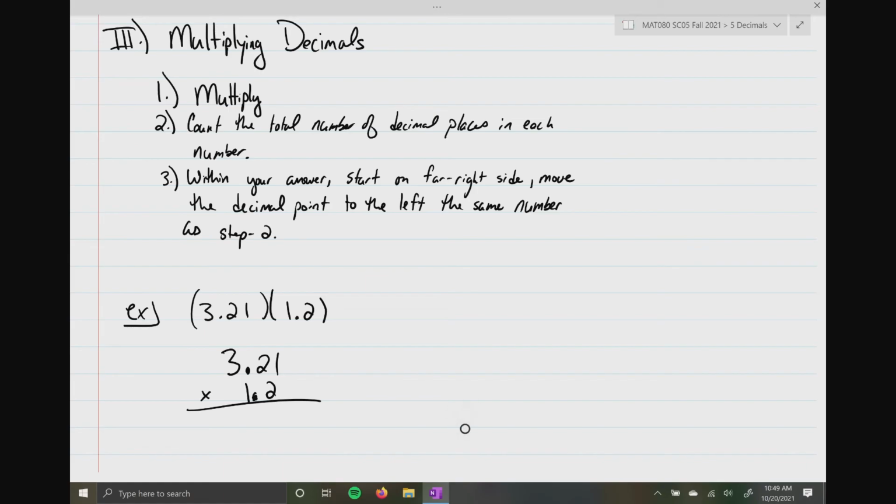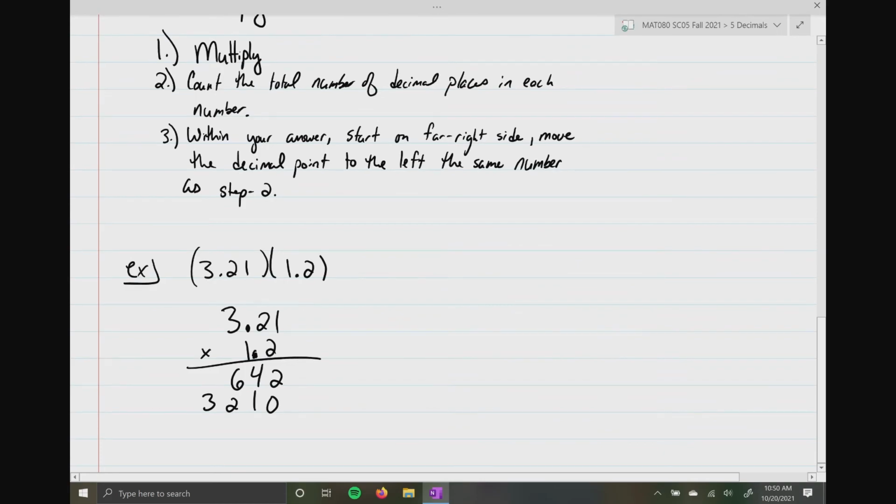So 2 times 1 is 2, 2 times 2 is 4, 2 times 3 is 6. Now I drop down a 0. 1 times 1 is 1. 1 times 2 is 2. 1 times 3 is 3. Now I add 2, 5, 8, and 3. Finally, step 1 is done.